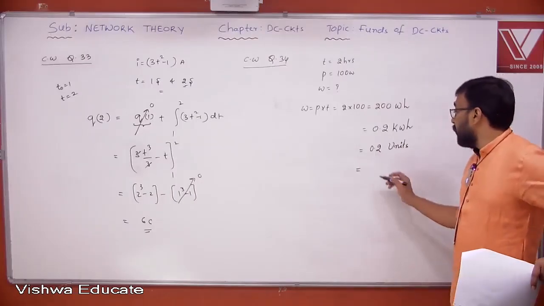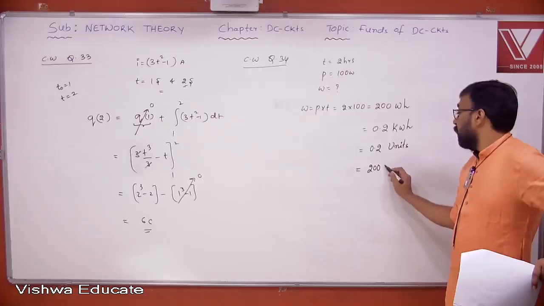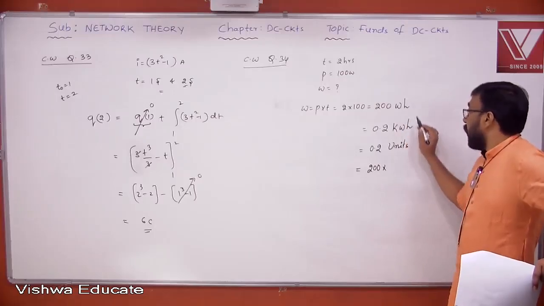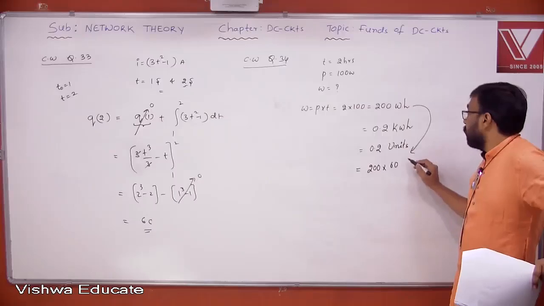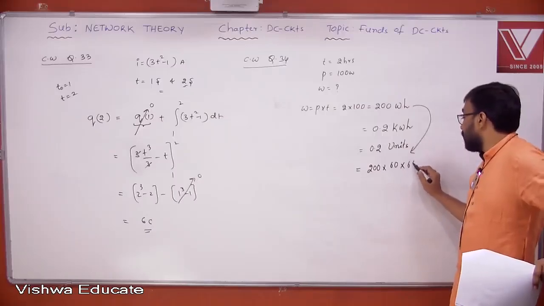Joules means 200 into watt hour. Hour means 60 minutes, and 1 minute is equal to 60 seconds.